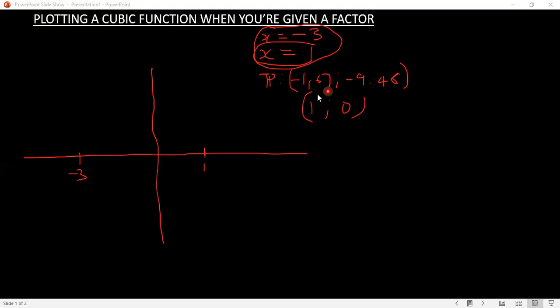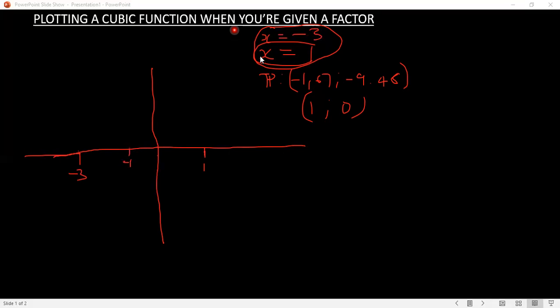We have negative 1.67. Let's say this is negative 1. Negative 1 can be here.